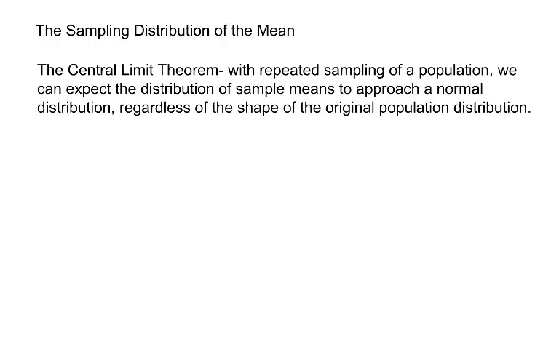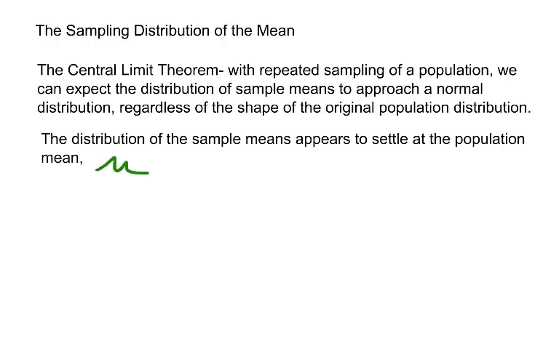The larger our data set of sample means, the more normal our sampling distribution model is going to appear to be. When working on example problems related to sampling distributions, there are a couple of things that you need to know. You need to know that the distribution of sample means appears to settle at the population mean, mu.